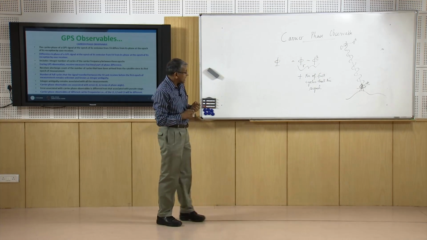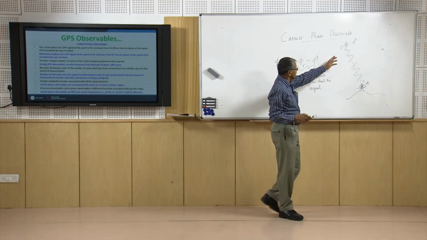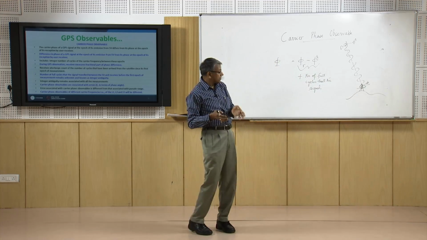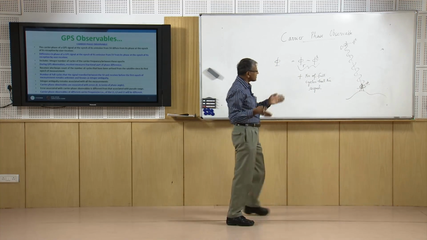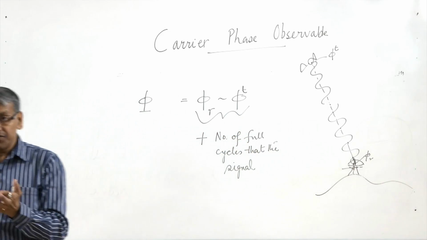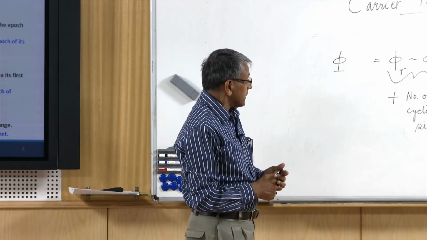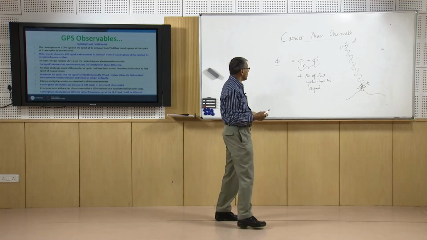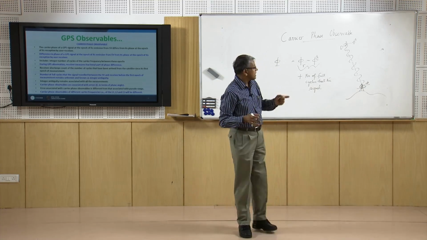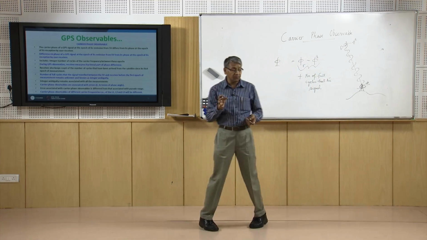Now for this, the GPS receiver actually measures the phase at the time of transmission as well as at the time of reception, and it counts the full number of cycles that it receives between two consecutive epochs. But the receiver will not be able to register the full number of cycles that the signal has travelled before the first epoch of observation.